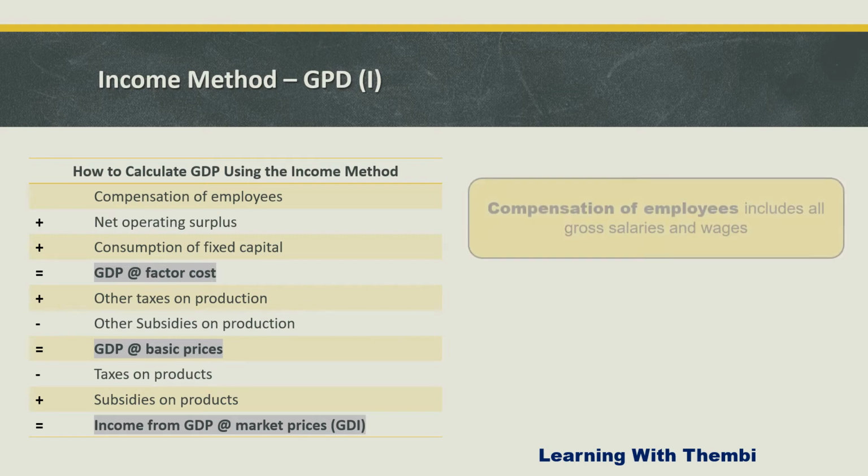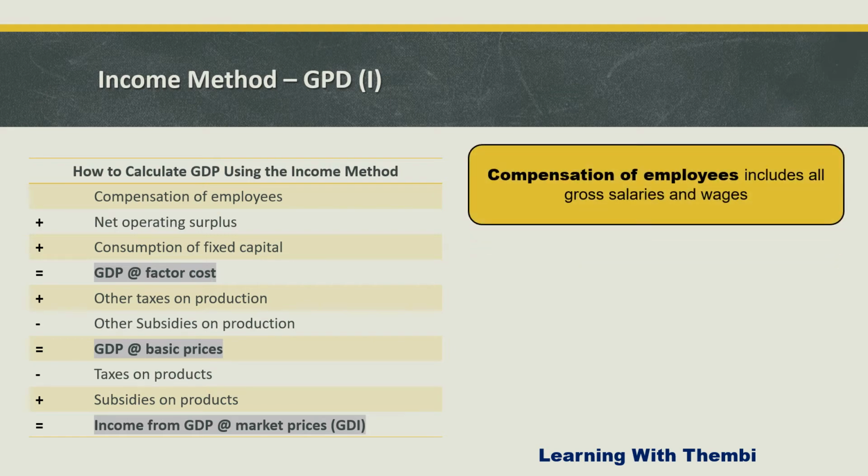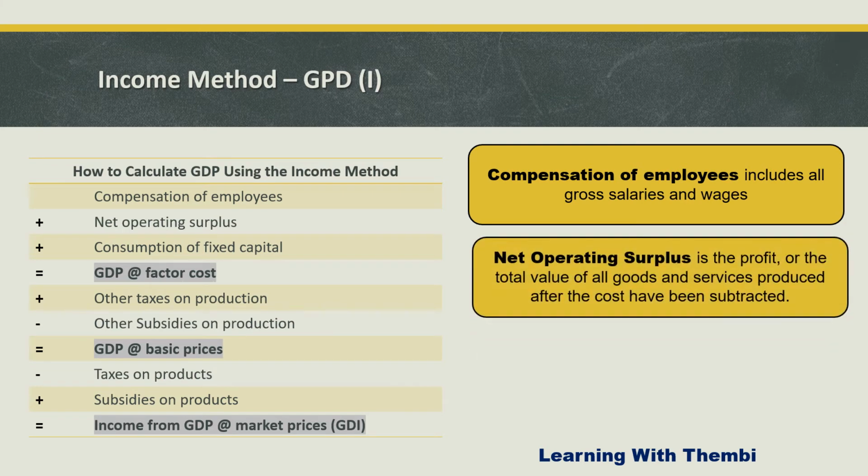First one being the compensation of employees. This includes the gross salaries and wages that are received when labor has been invested in the production process.